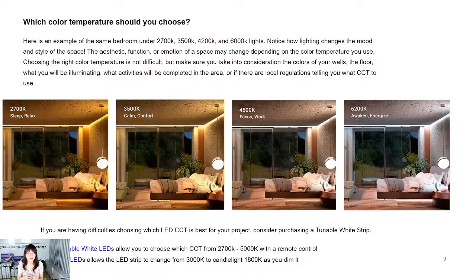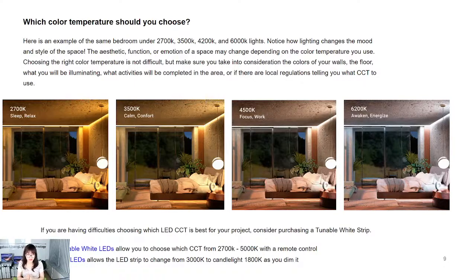If you have difficulties choosing which color temperature is best for your project, we strongly suggest you choose a tunable white strip. We have a dynamic tunable white that allows you to choose color temperature from 2700 Kelvin to 5000 Kelvin with a remote control.